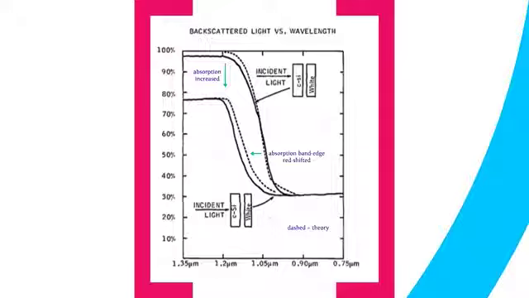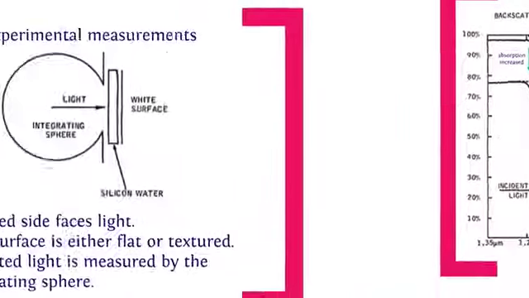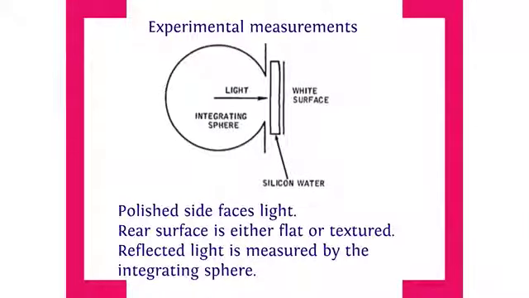Now, when you texturize it, what you see is that more of the light is absorbed within the silicon. So this starts dropping. Remember what we're measuring is what passed through the silicon and reflected back. If I measure less reflected back, I've absorbed that in here.